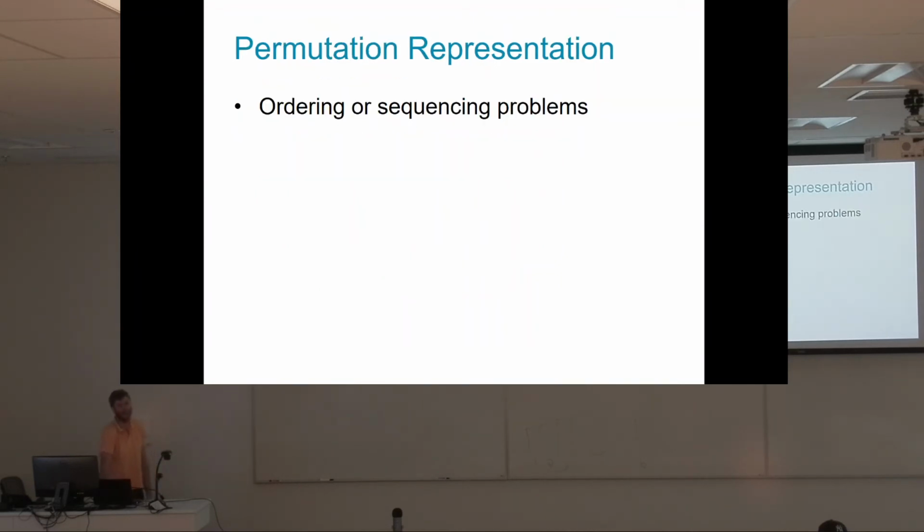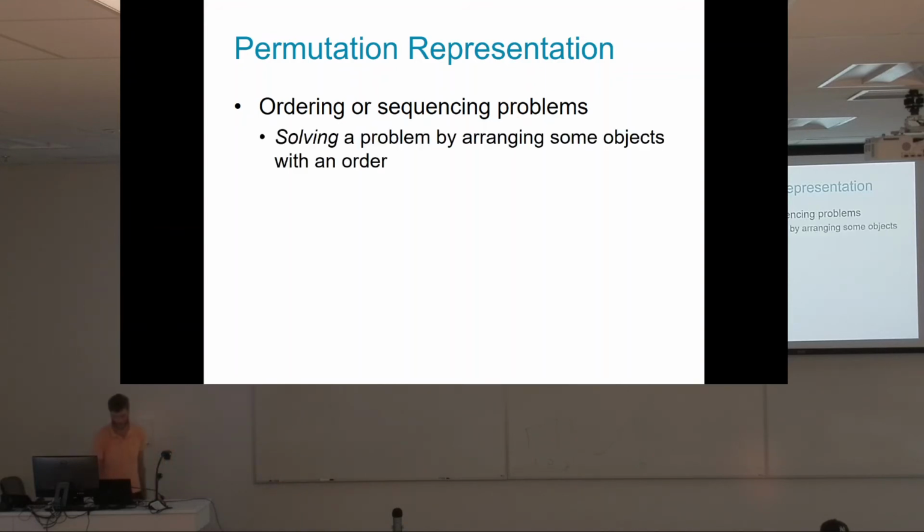Now for permutation. These ones pop up a lot where order matters. We've already seen a couple of examples like TSP and queens. They've got great permutation representations. This is where the order can really matter. Think of TSP. It's not where a given city lies in that string.